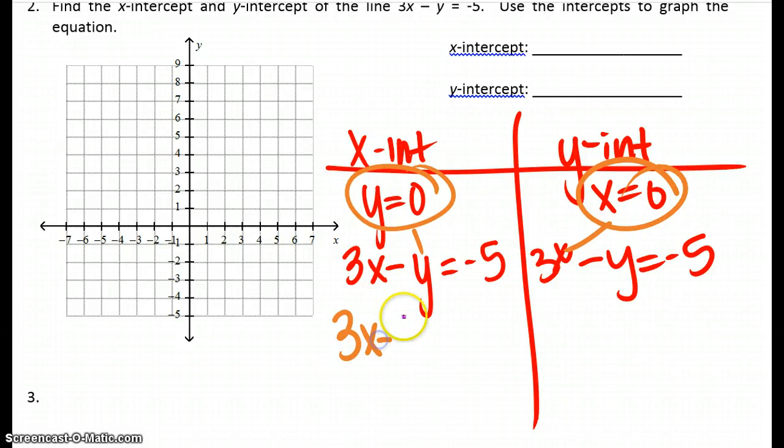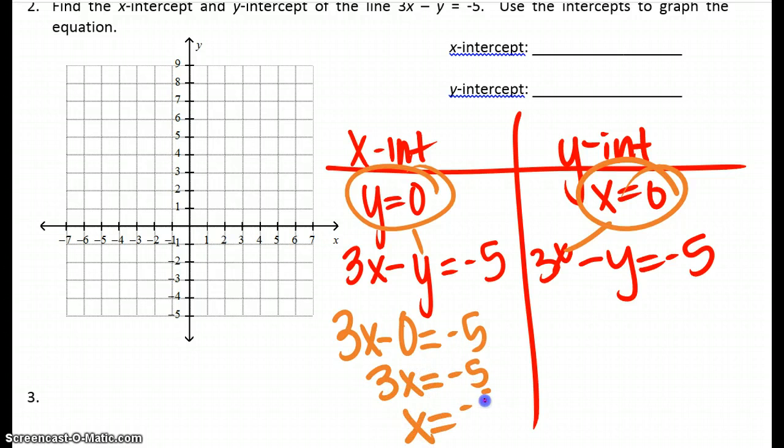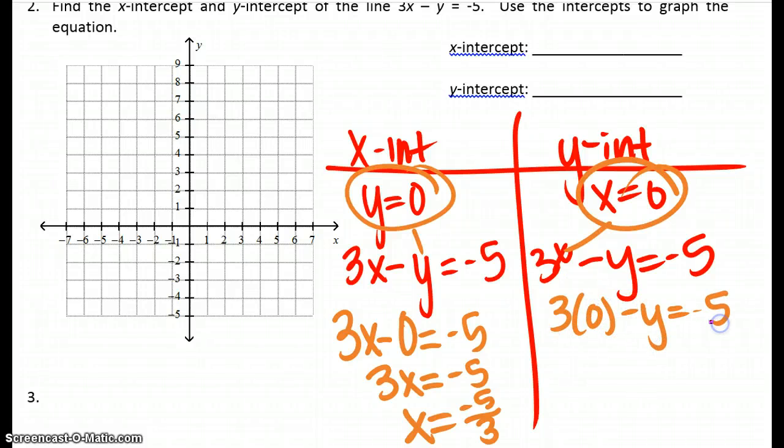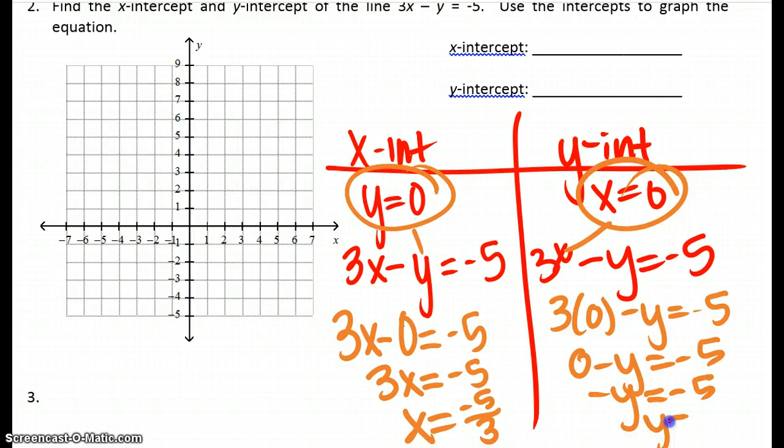So you have 3x minus 0 equals negative 5, 3x equals negative 5, and x equals negative 5/3. Yes, that's a fraction, and that is okay. And the other one, 3 times 0 minus y equals negative 5, so negative y equals negative 5, and y equals positive 5.